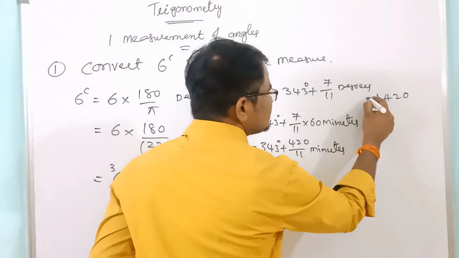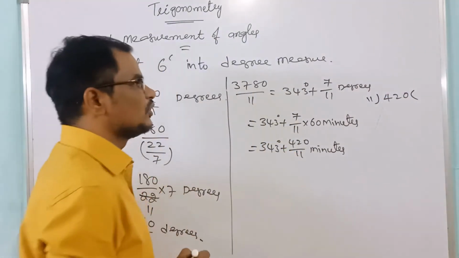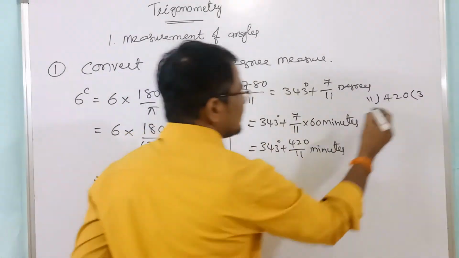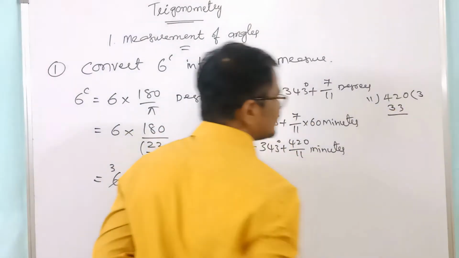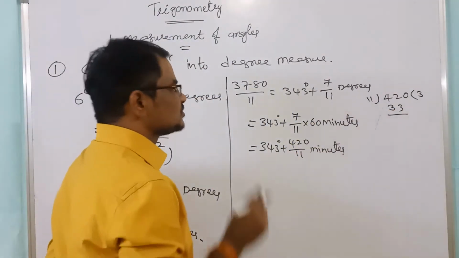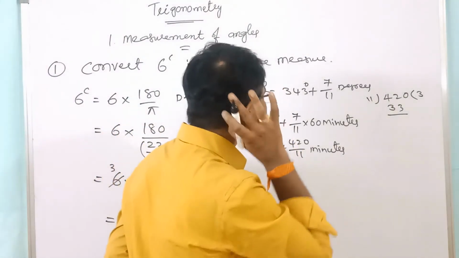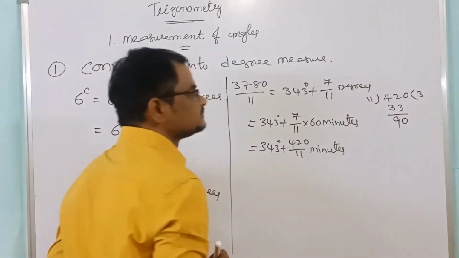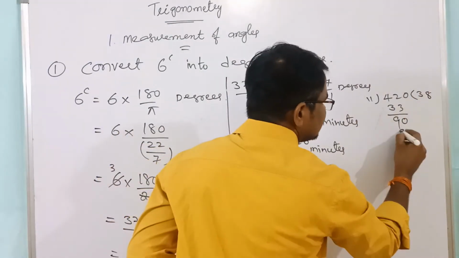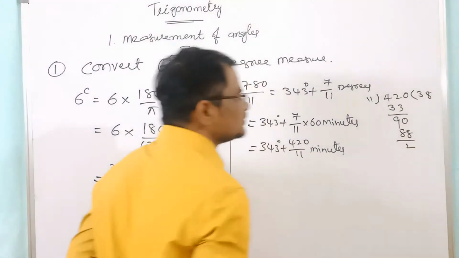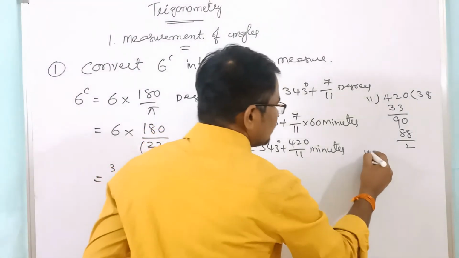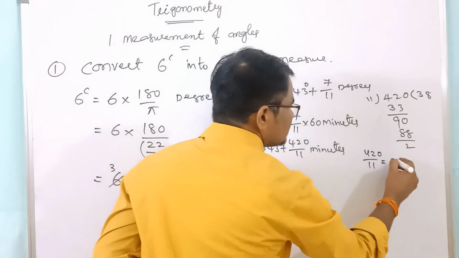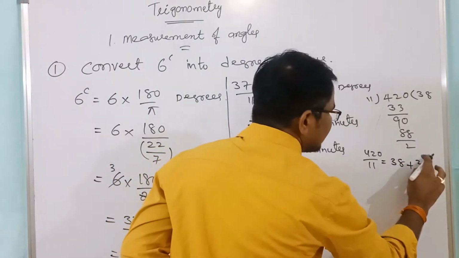Now divide this 420 by 11. How many times? 3 times, that is 33. What is remaining here? Then 8 times, 88, remainder 2. So 420 by 11 can be written as 38 plus 2 by 11.